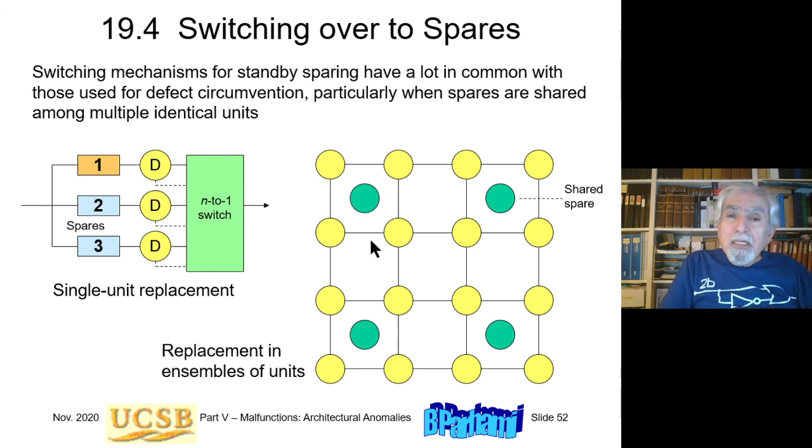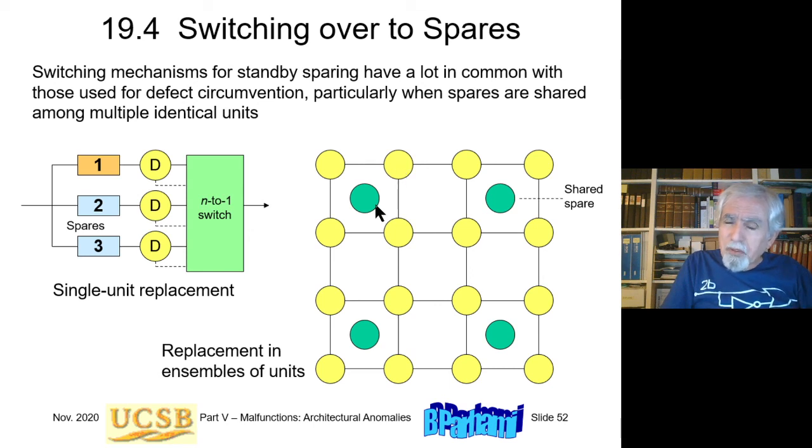So this spare unit has to have a lot more communication links compared to the regular units. The maximum number of links in this 4x4 array is 4, whereas this spare unit must be able to connect to 1, 2, 3, 4, 5, 6, 7, 8 units. So this is a challenge because now the spare unit will not have the same design as the original unit.